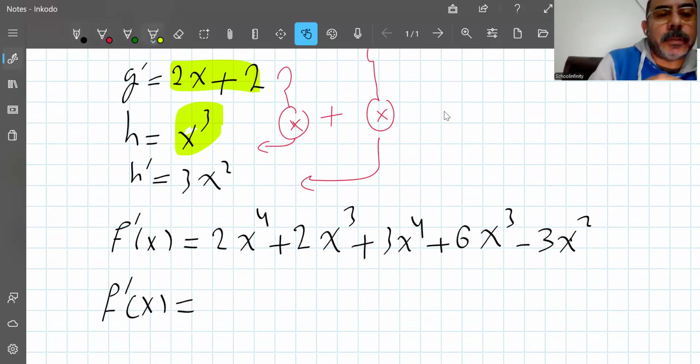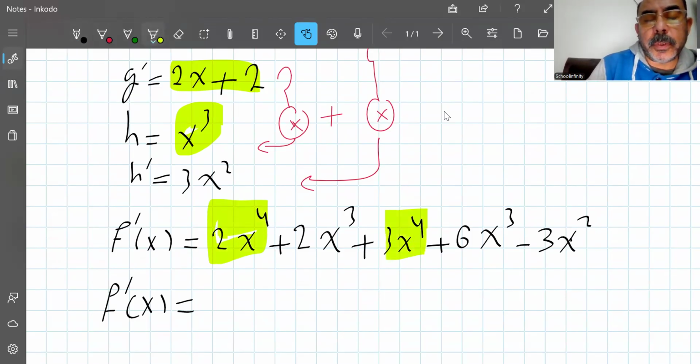So we have here 2x to the power 4 plus 3x to the power 4. They are like terms because they have the same variable, which is x, and the same degree, which is 4. So they are like terms, and then you can add them by adding their coefficients. So 2x to the power 4 plus 3x to the power 4, we get 5x to the power 4.